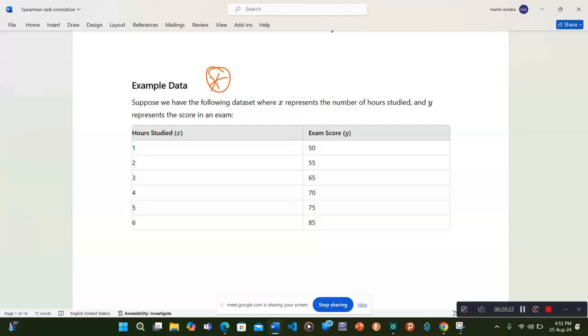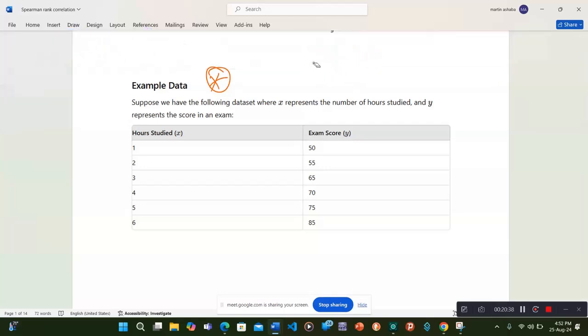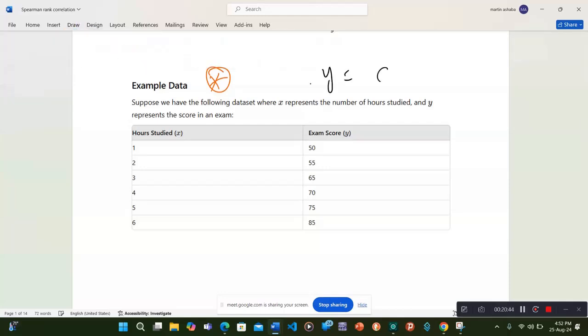But here, we want to generate a model that is, for example, in terms of y is equal to, for example, maybe b times x. Those models are in the form y is equal to, for example, a plus bx, whereby b is going to be the slope of this graph, and a is going to be the y-intercept, or the value of y when x is equal to 0.